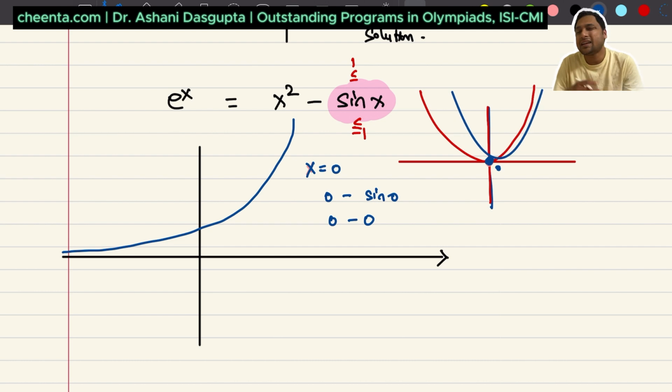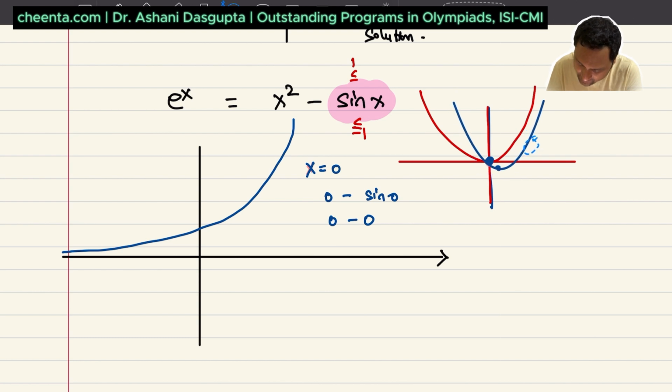From a distance, it will kind of look like the x squared function, but just a bit wiggled. It's kind of like this maybe. Okay. Now if we draw the e to the power x function on top of it, it will be sort of like this.